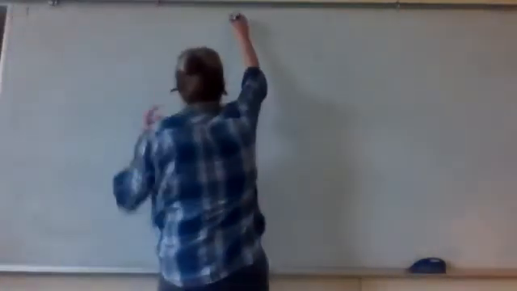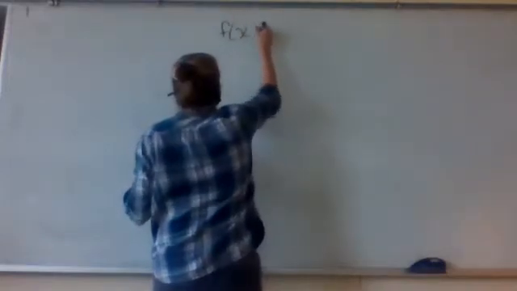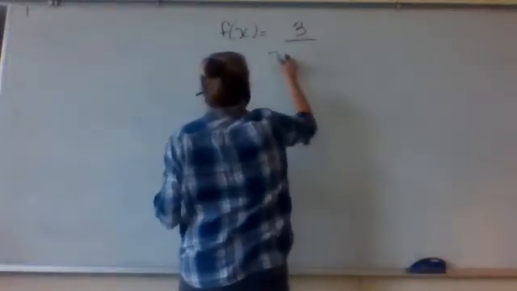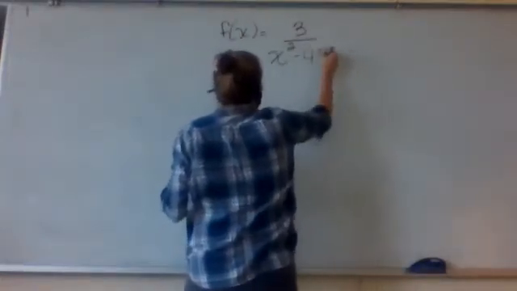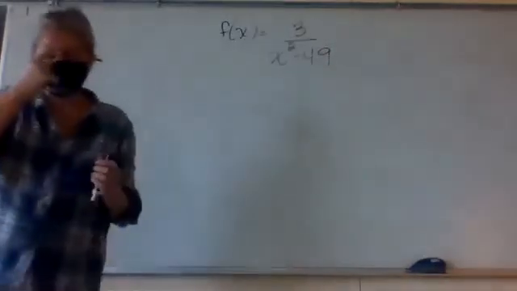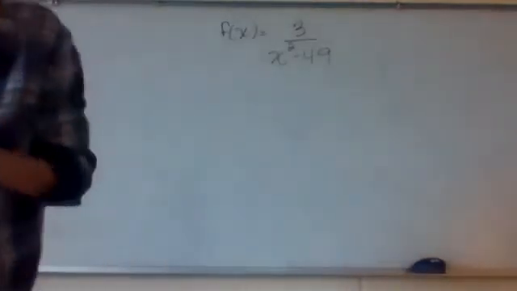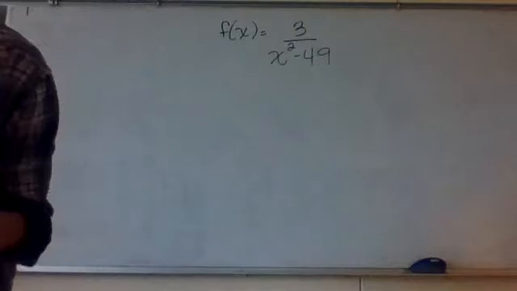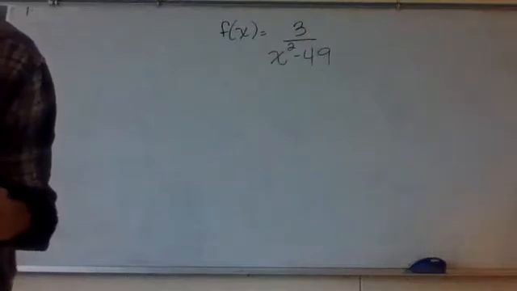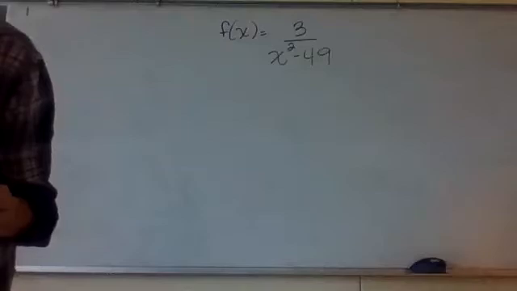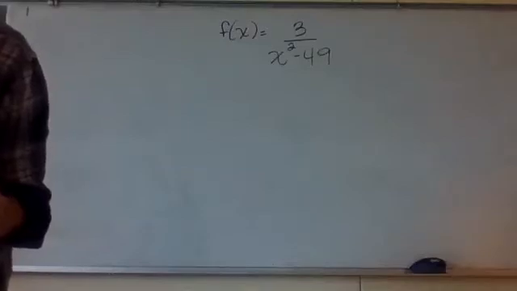So on number 3, the function that is given to us is f of x equals 3 over x squared minus 49. So on this one, I am going to find all of the things that we just talked about.